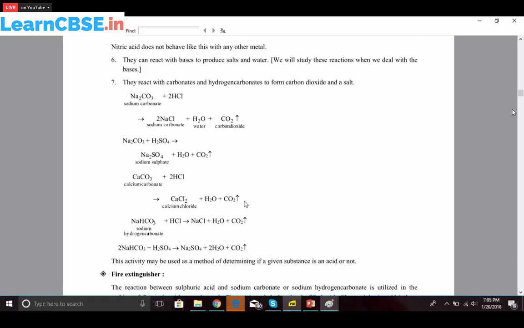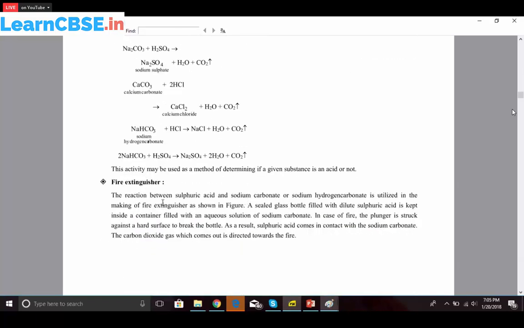When we pass the carbon dioxide gas into the tube of slaked lime, we will get a white precipitate. It turns milky, in the sense of a white suspension in the liquid. This indicates the presence of carbon dioxide gas.